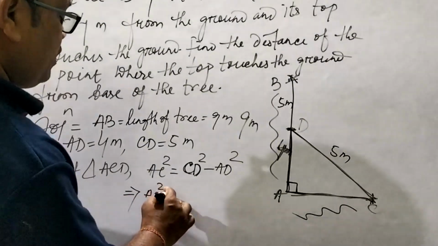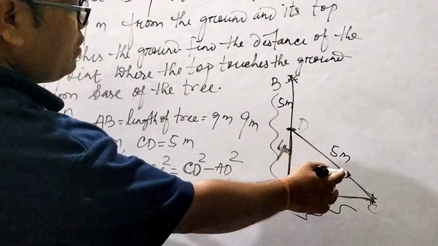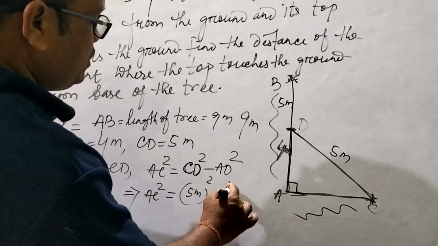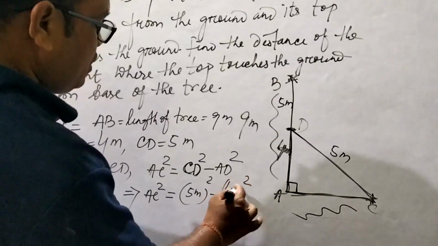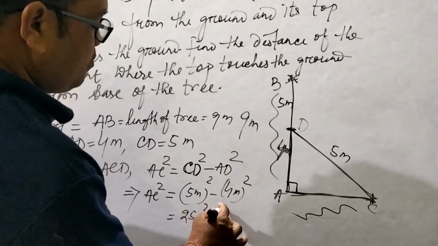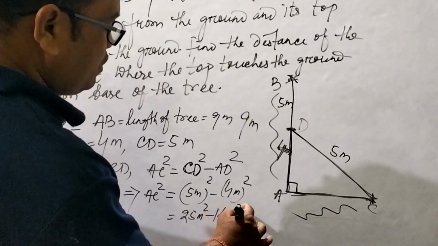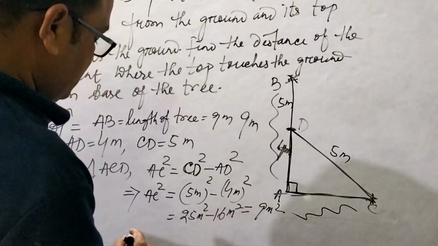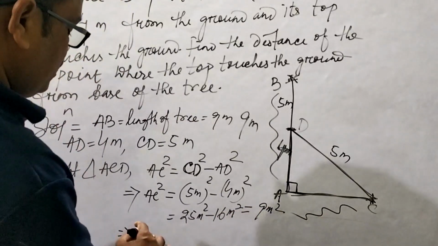That implies AC square equals CD square, this will be 5 meter square minus 4 meter square. This is 25 meter square minus 16 meter square, that equals to 9 meter square.